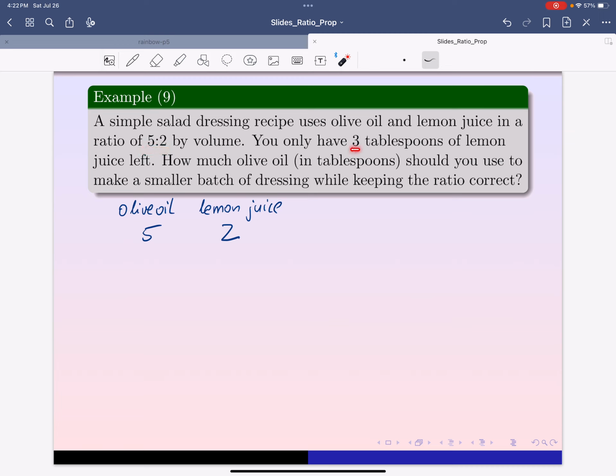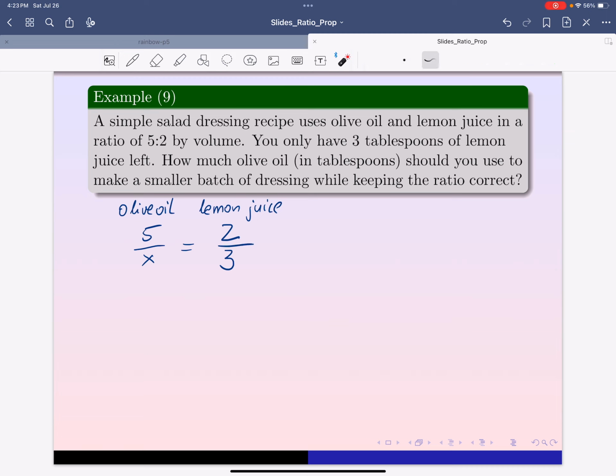And now we have 3 tablespoons of lemon juice. Make sure that you line up this given data on the proper side, the lemon juice in this case. We don't know how much olive oil we need, so that's my x.